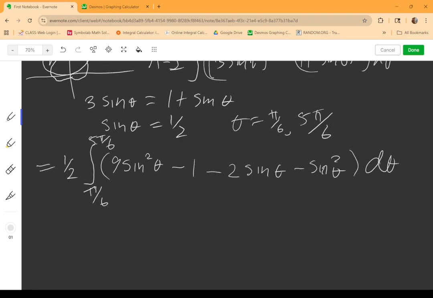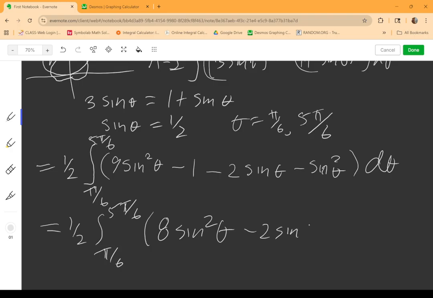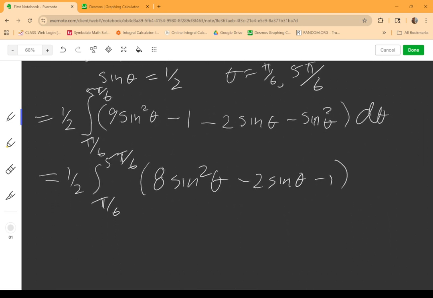Then combining like terms, 1/2 from pi over 6 to 5 pi over 6 of 8 sine squared theta minus 2 sine theta minus 1 d theta.